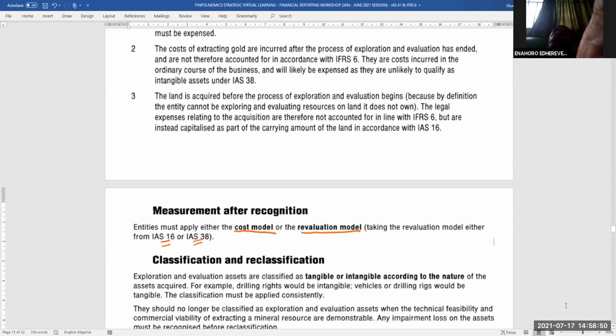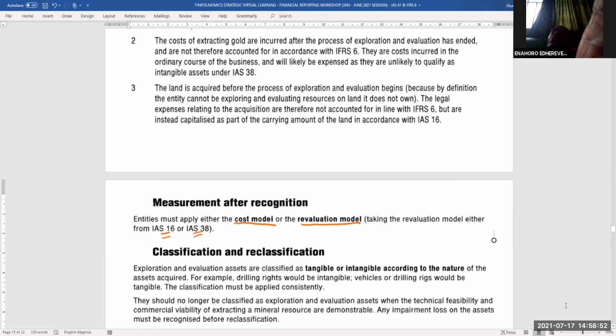Exploration and evaluation assets are classified as tangible or intangible according to the nature of the asset acquired. For example, drilling rights would be intangible. Vehicles or drilling rig would be tangible. The classification must be applied consistently.